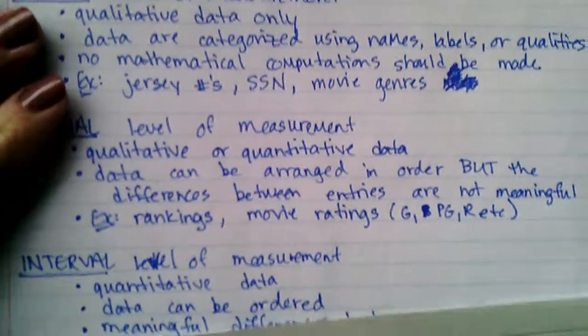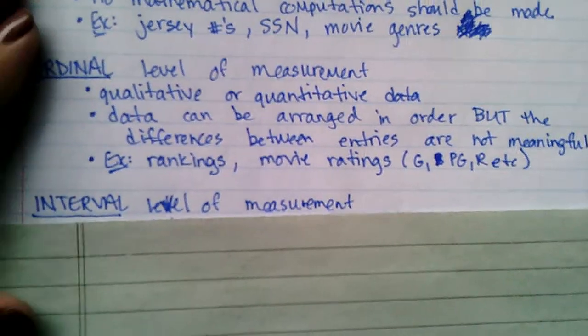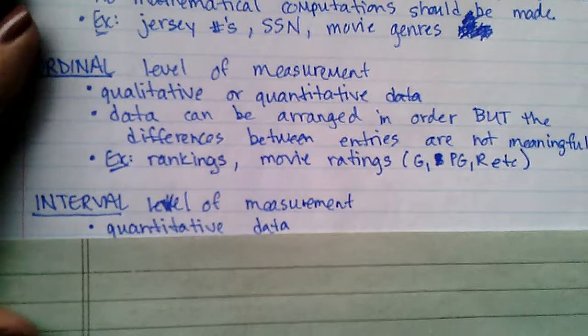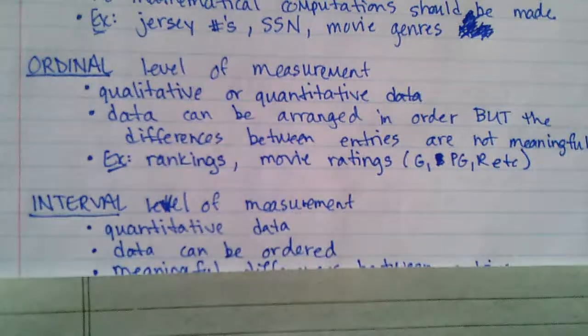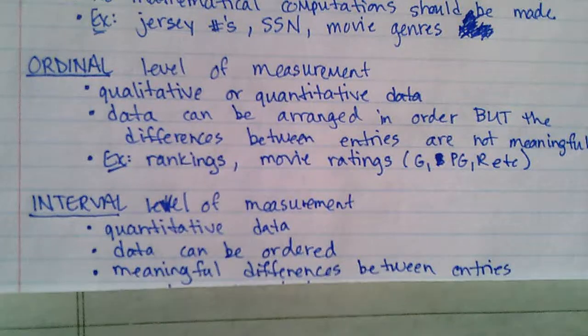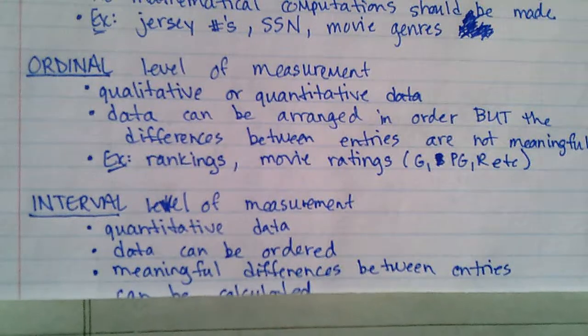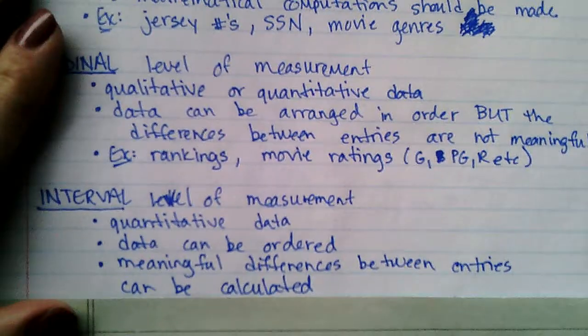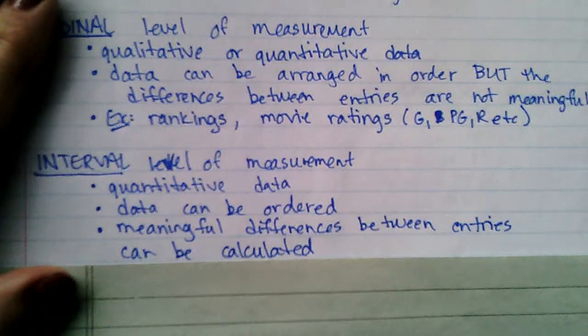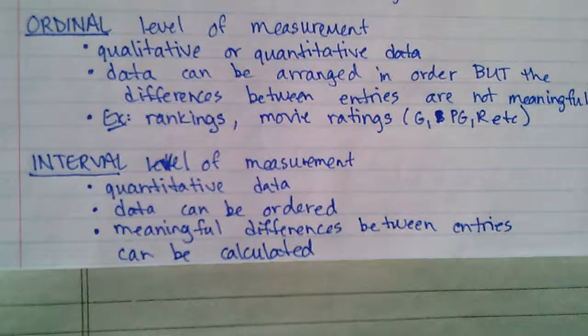The next level of measurement is the interval level of measurement, and that is reserved for quantitative data only. This data can be ordered, just the same as ordinal, but there is a meaningful difference between the entries. So if I wanted to subtract 2 data values at the interval level, then that would have some kind of meaning.